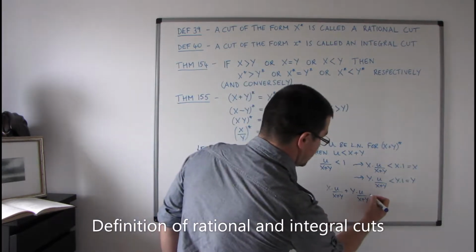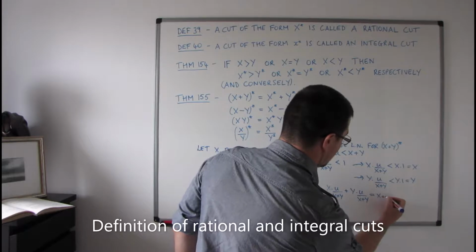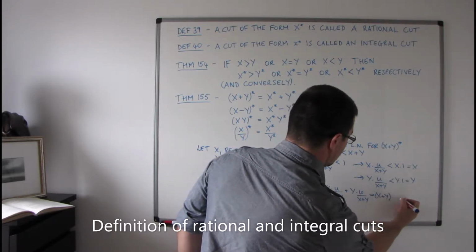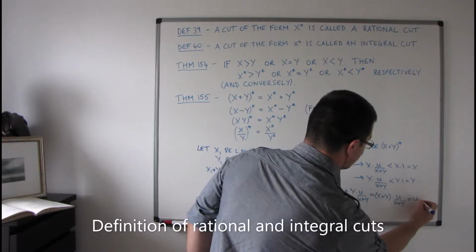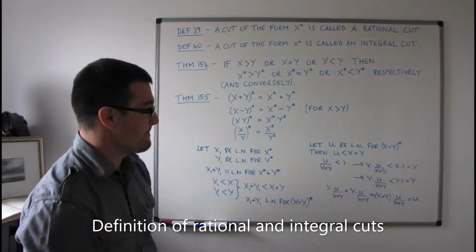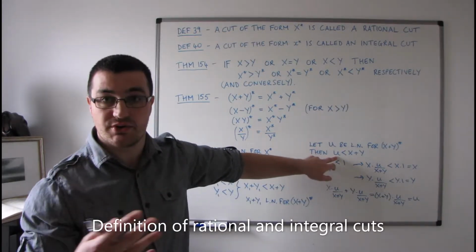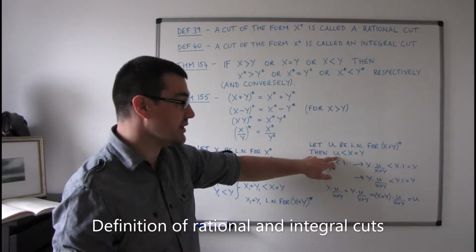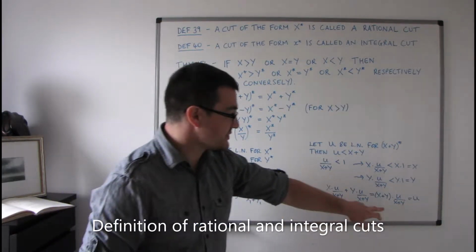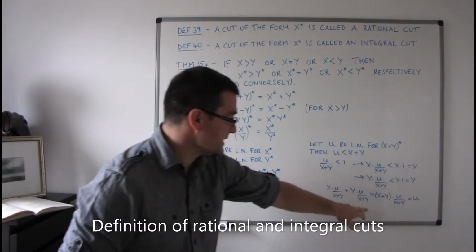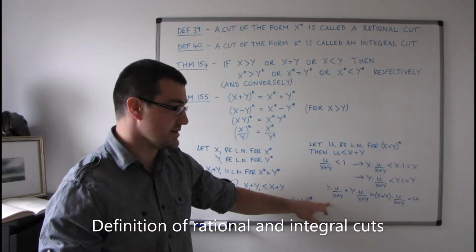If you factorize this, you get x plus y times u over x plus y, which is equal to u. So what we've shown here is that our arbitrarily chosen u, which was a lower number for x plus y star, is also a lower number for x star plus y star.